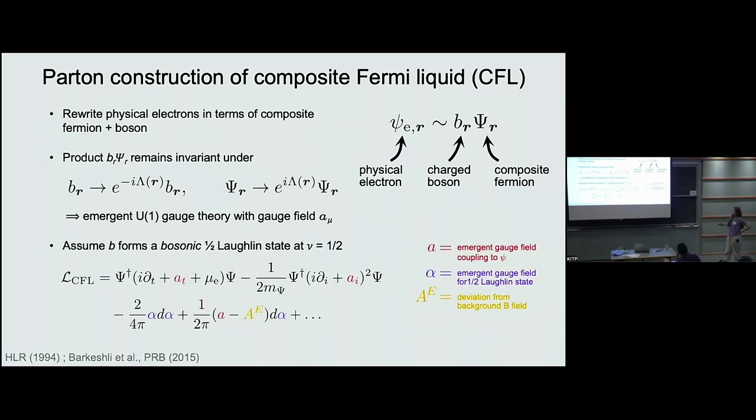And then it's not completely independent, of course, from the fermions, but couples to that emergent gauge field, little a, as well as what I've called A_e here, which is the external applied field, but as it deviates away from nu equals 1/2. So if you're right at nu equals 1/2, then this yellow A here vanishes, 0 by definition.